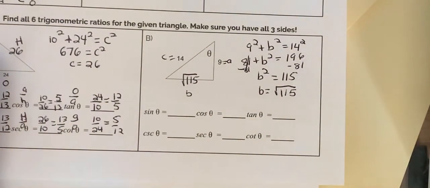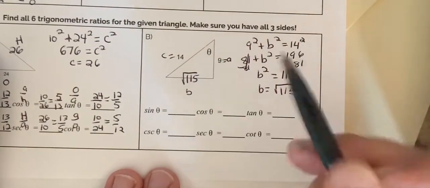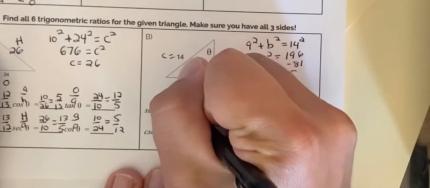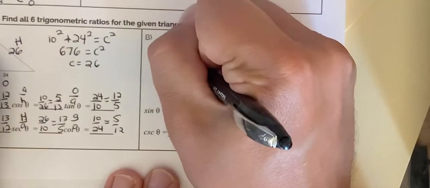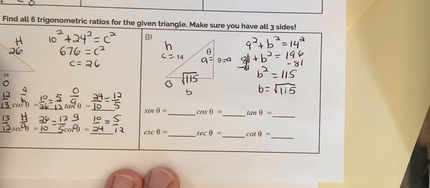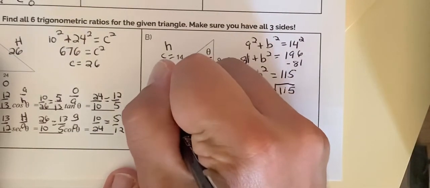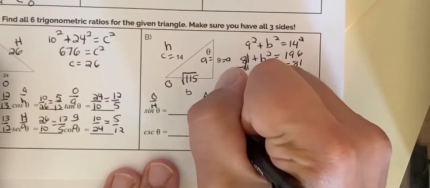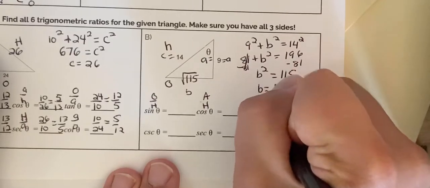So now we need to identify the trig ratios from theta. So again, here is the opposite side. Here is the adjacent side. And then here is my hypotenuse. So again, for sine, cosine, and tangent, I have opposite over hypotenuse, adjacent over hypotenuse, and then TOA, opposite over adjacent.